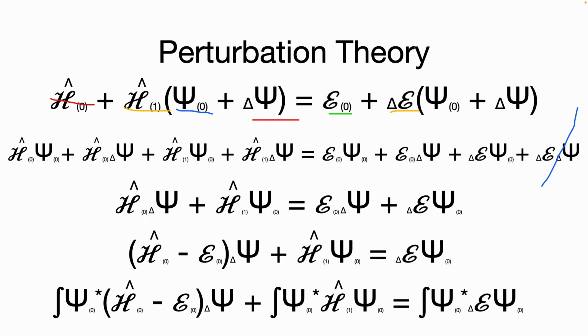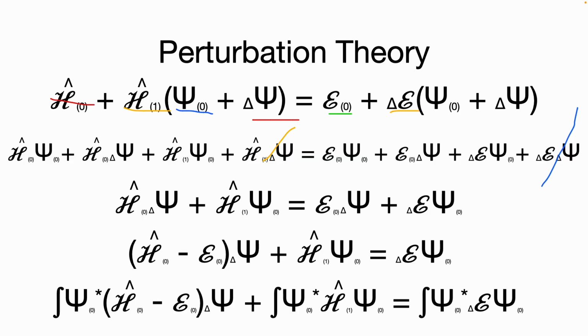And this is why we neglect this term for the upcoming steps. The next term which we are going to neglect is the perturbing Hamiltonian acting on delta psi. Again, the reasoning goes the same way as we did for the previous term.